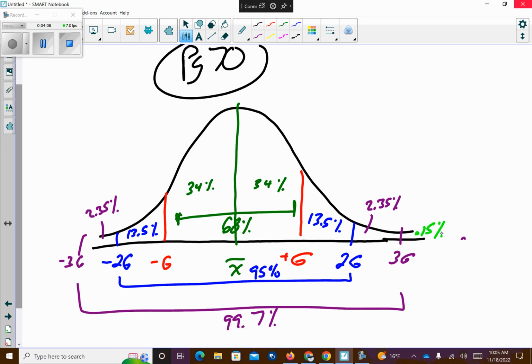Once you've gone beyond 3 standard deviations to the left or right, you're talking about a tiny percentage.